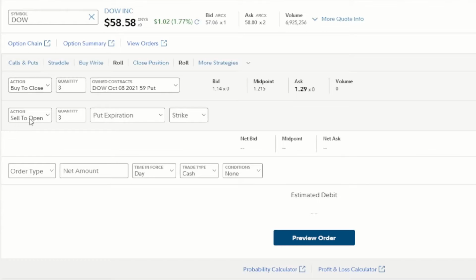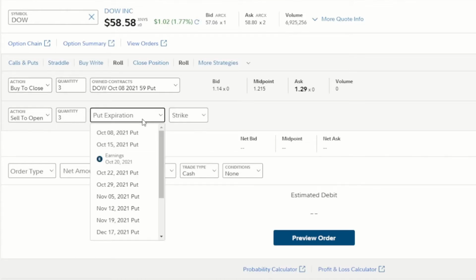But at the same time, we're just going to reopen another position. We're going to sell to open 3 again, and we're going to go out maybe just a little bit further. So our original expiration is October 8th. We're going to go out to October 22nd, which is going to also include earnings, which gets really interesting because then we're adding volatility.